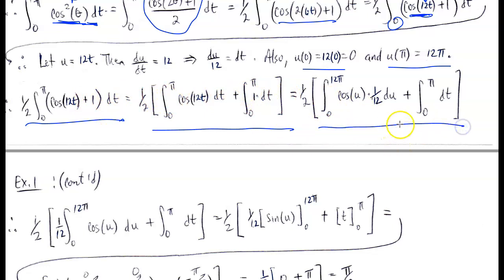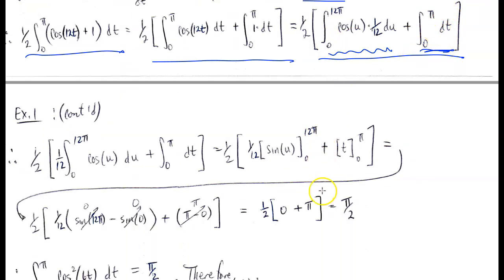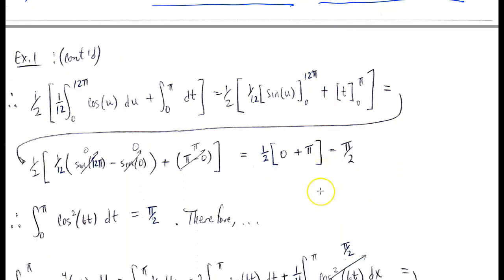And then now I have everything written in terms of u for this first one, because that was the one where I really needed it. I can keep this second one here in terms of t because it's not going to hurt anything. And then the rest of this is just me taking the antiderivative of this integral here and this one. And then the rest of this is just kind of working everything out.